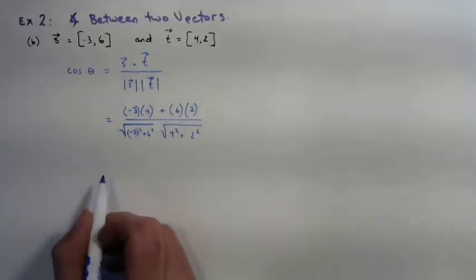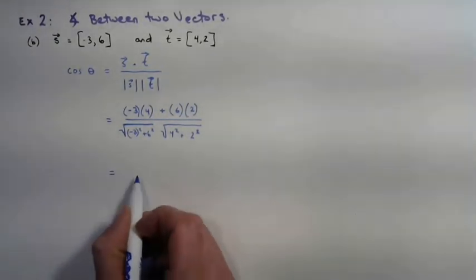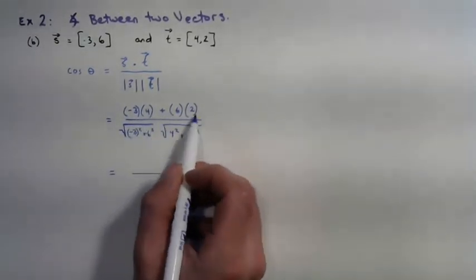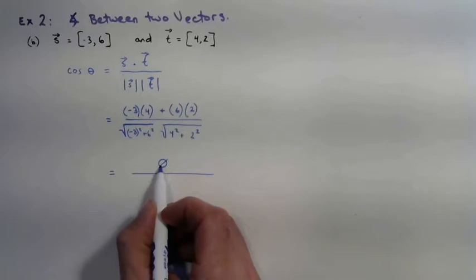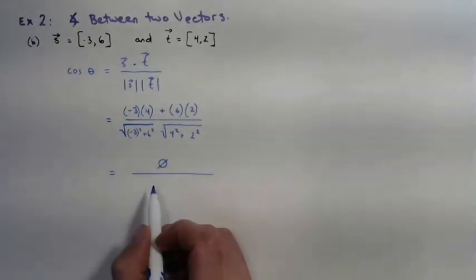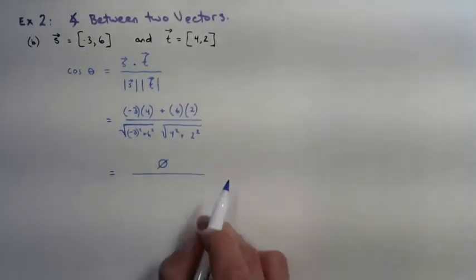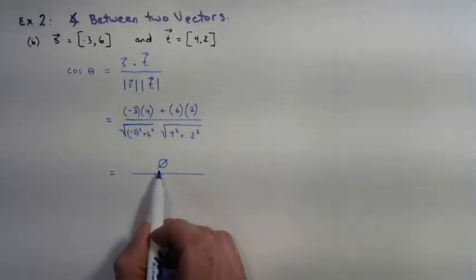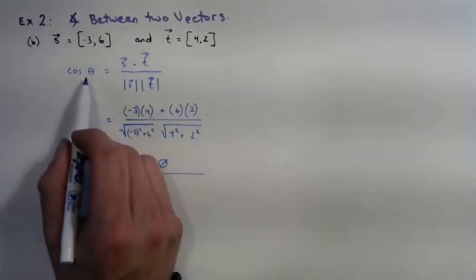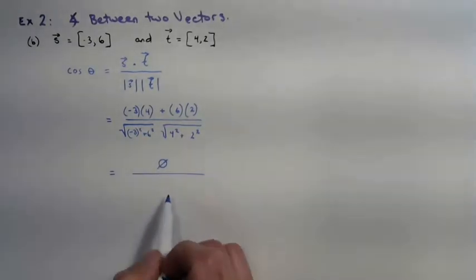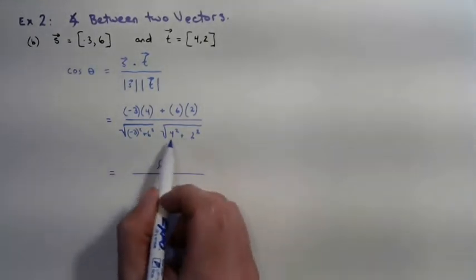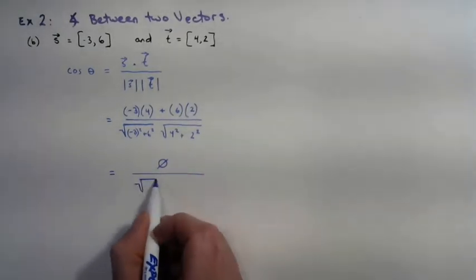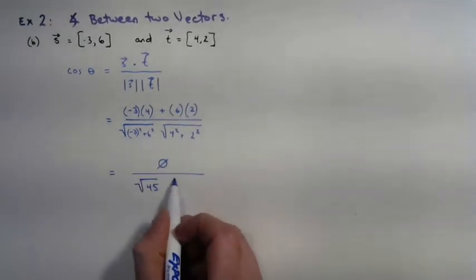Again, do as much as I can here before putting it in the calculator. We've got negative 12 here and positive 12 there, so we have 0 in the numerator. I'm going to reduce the denominator, but I can see that this is going to change things anytime we get a 0, as cosine of theta equals 0. But I make sure the denominator is not 0, so I should do this. 9 plus 36 is radical 45.